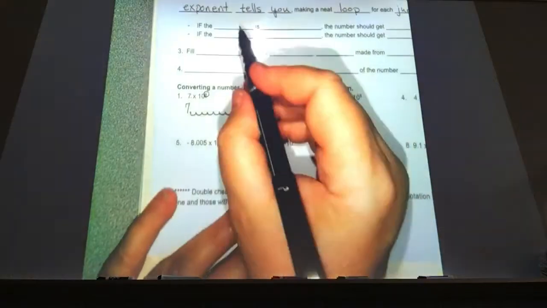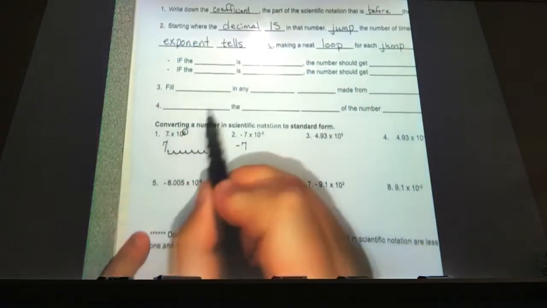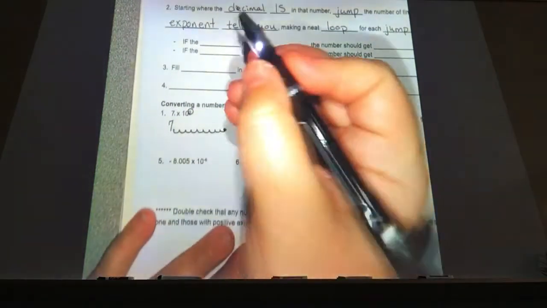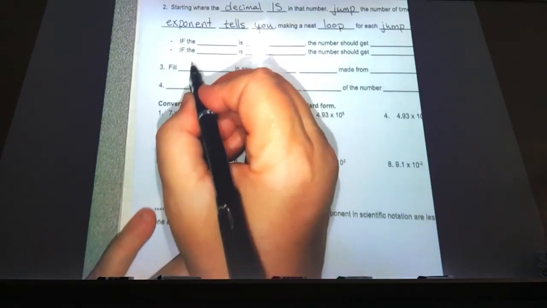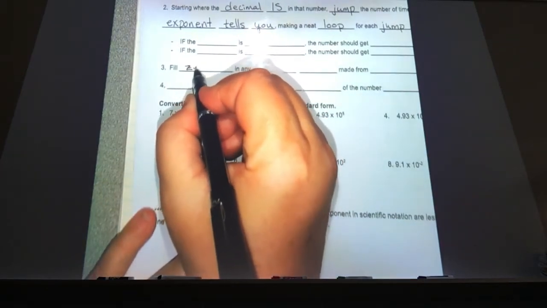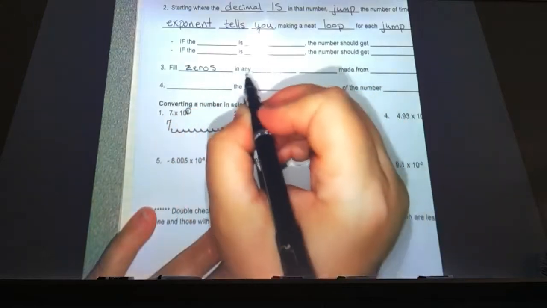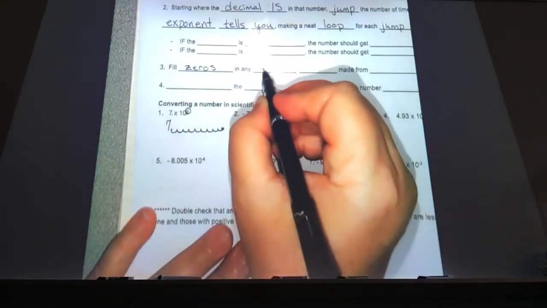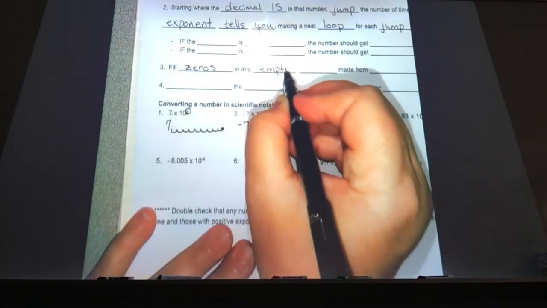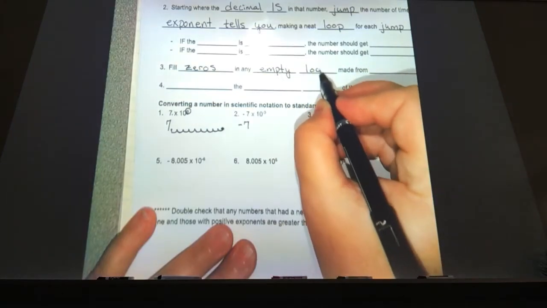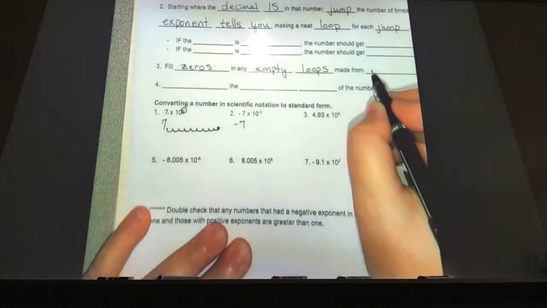Okay, I'm going to skip the next part of this for just a minute so I can finish doing this problem. It says, fill zeros in any empty loops made from jumping.